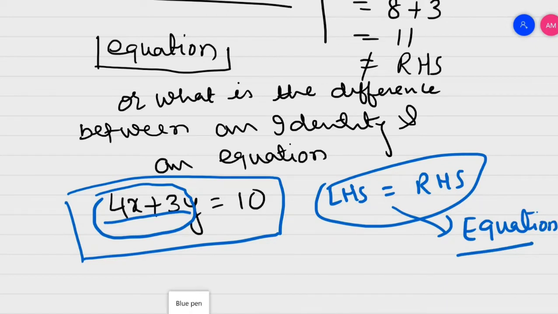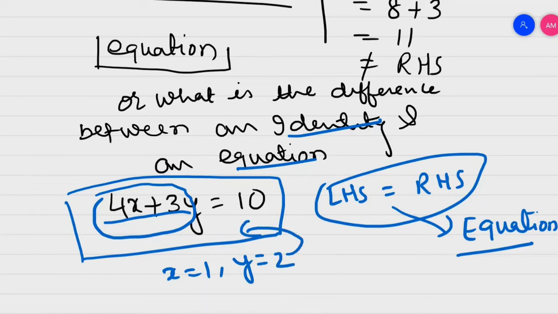Now see, what is an identity and what is an equation? Here just now you have seen that when you were putting the values of x as 1 and y as 2, then only this statement was correct. Otherwise, when we were changing the values of x and y, the statement was not correct.